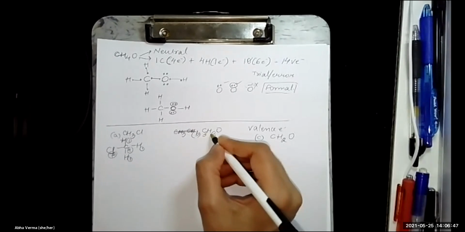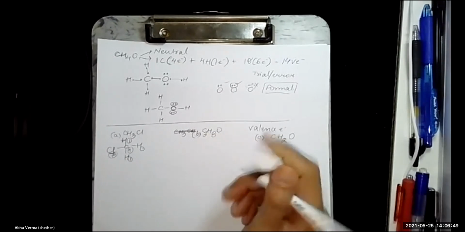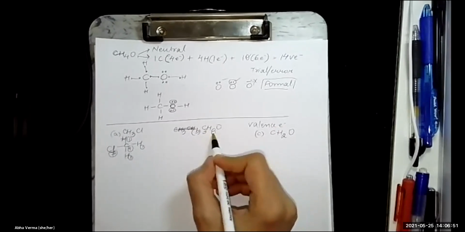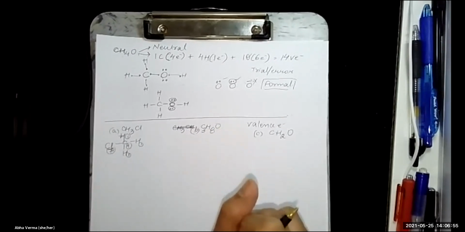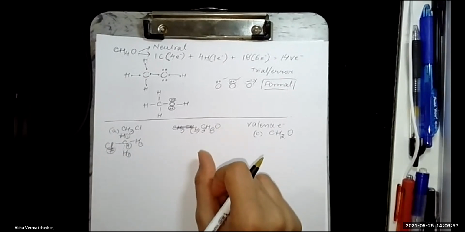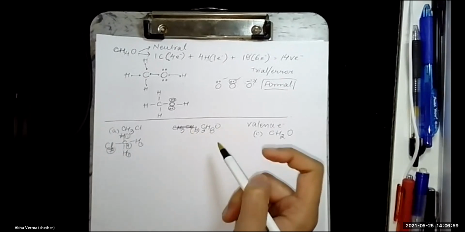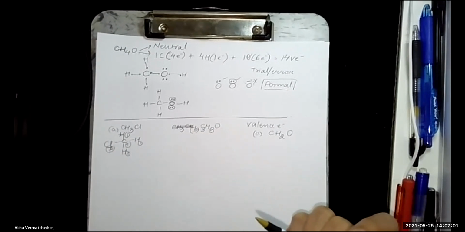If you look at C3H8O, what is the valence electrons for C3H8O? 20.